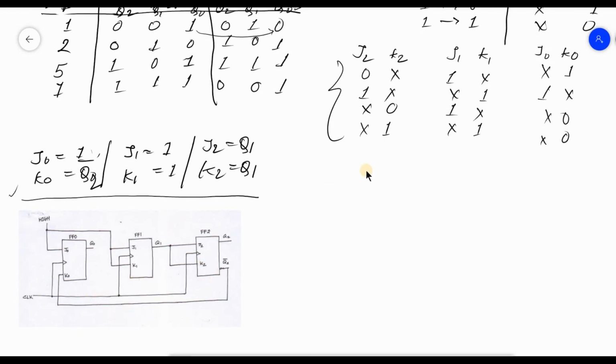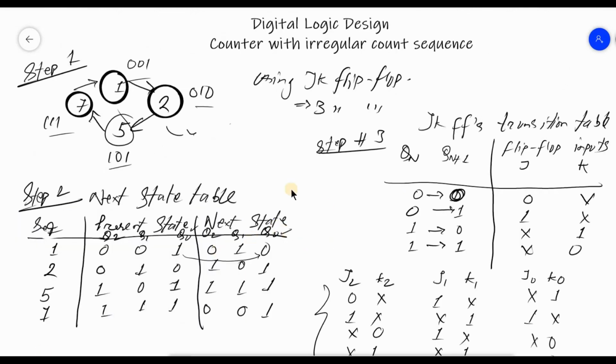In this way, we can develop the irregular counter. So it is pretty easy. What we need to do is at first determine the counting sequence, then move on to step 2 and draw the next state table.